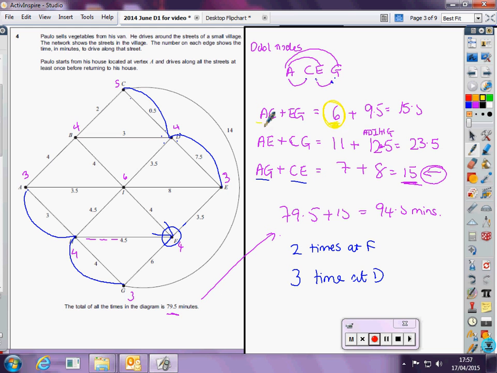So repeating A and C, you're just going to do 79.5 plus 6, which gives you 85.5 as a time in minutes. But if you're repeating A to C, you're not repeating this, which means these 2 are the odd nodes, which means you could start or finish at E or G.